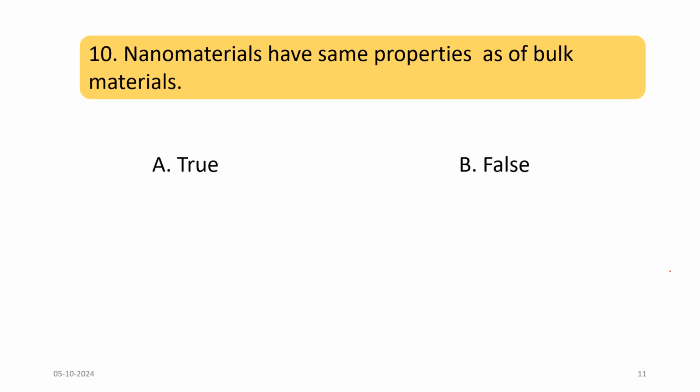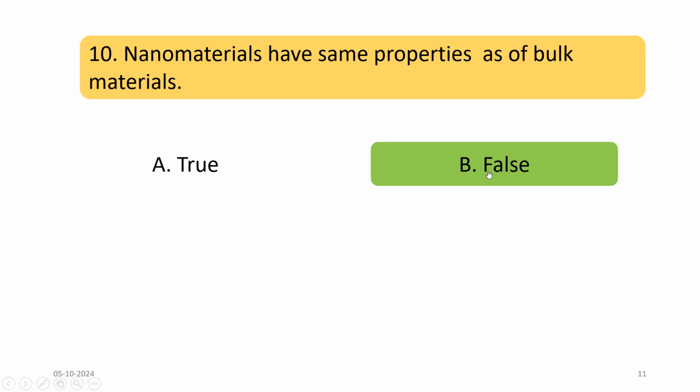The answer is false, because nanoparticles or nanomaterials properties are very different from the bulk. Okay, so they can never be same, because nanomaterials and nanoparticles are very sensitive compared to the bulk materials. So the properties have to be different.